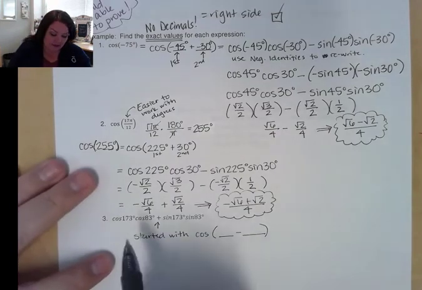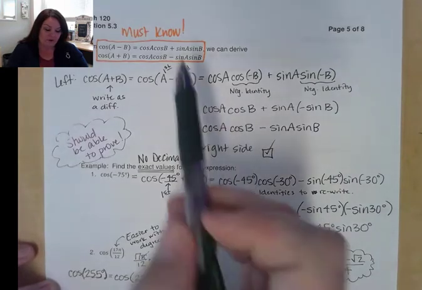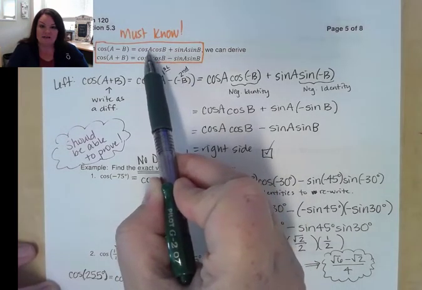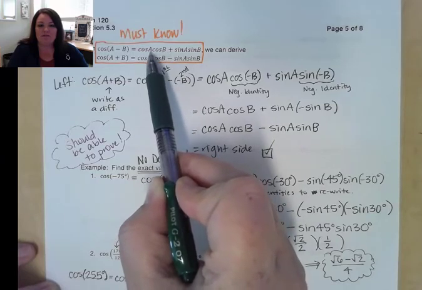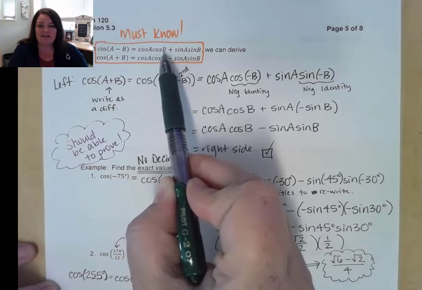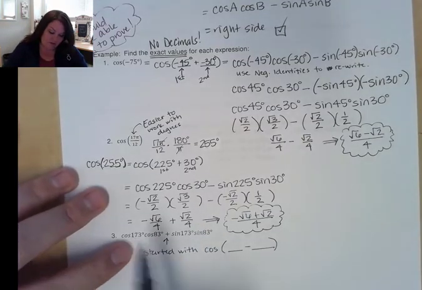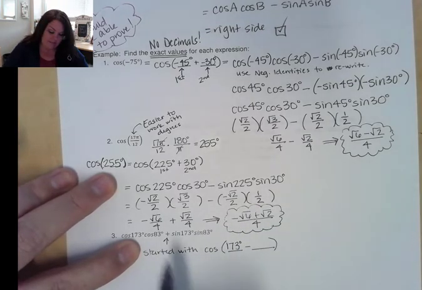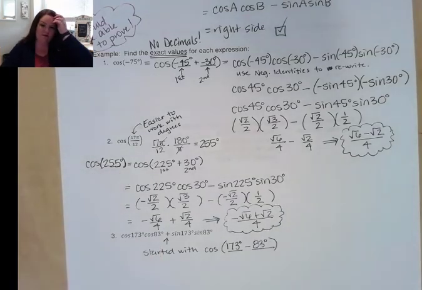Well, remember our identity says that we always do cosine of the first angle and cosine of the second. So just by looking at this first term, I should be able to tell what my first angle is and what my second angle is. If I look here, I can see that my first angle was 173 degrees and my second angle was 83 degrees, right?